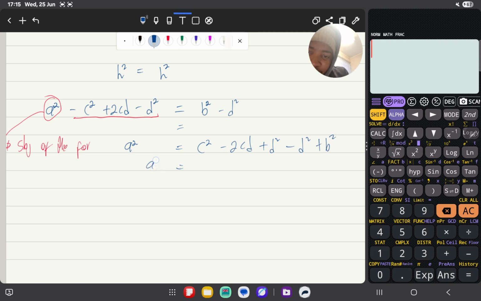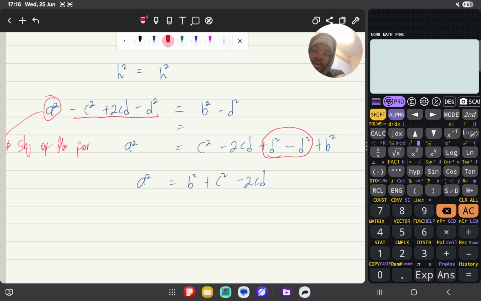And then you have a squared, for some space, a squared equals b squared plus c squared minus 2cd. That's it, because then this one is going to give us a 0, so we'll be left with this. This is what we have now.